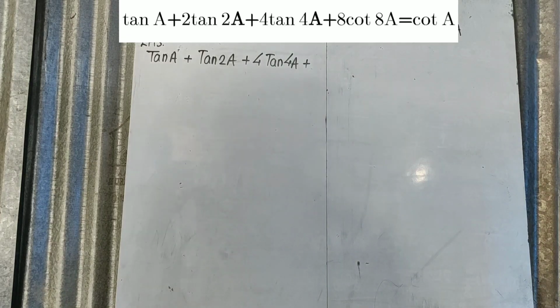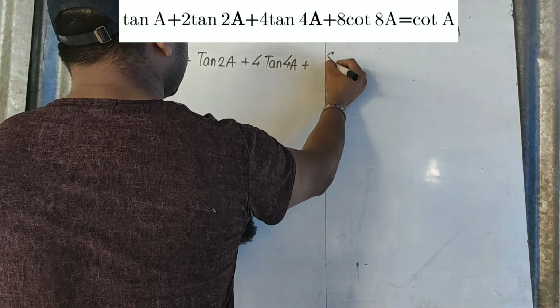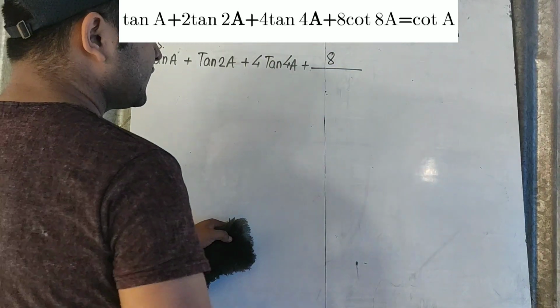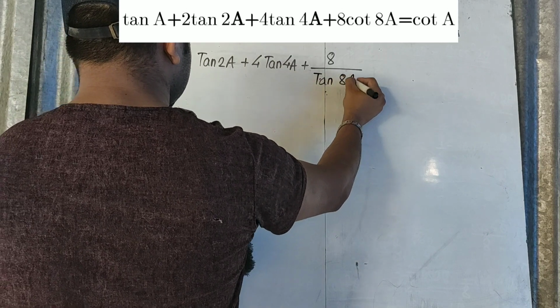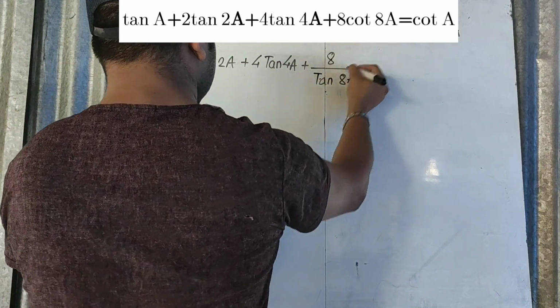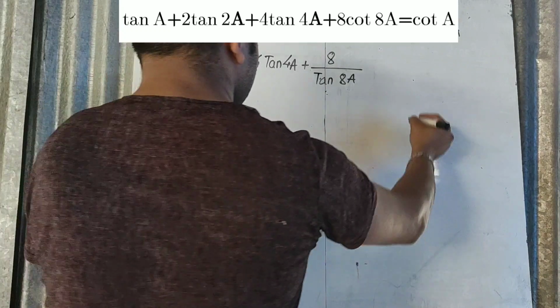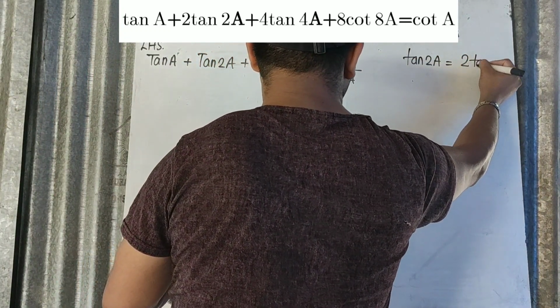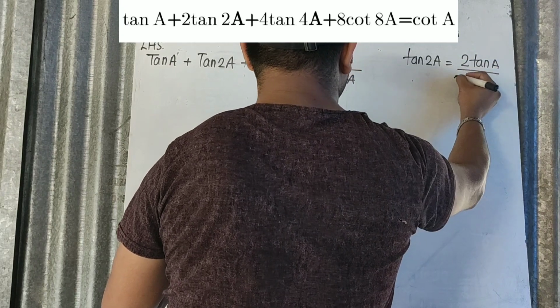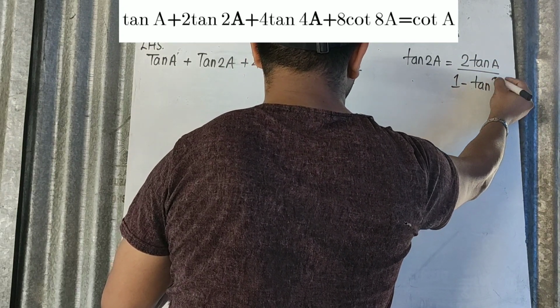Okay, now see, cot 8a can be written as 1 by tan 8a. Here one formula plays a very important role: tan 2a is 2 tan a by 1 minus tan square a.